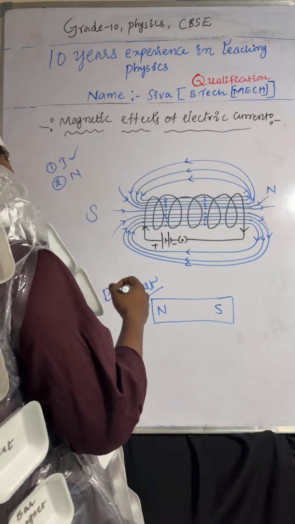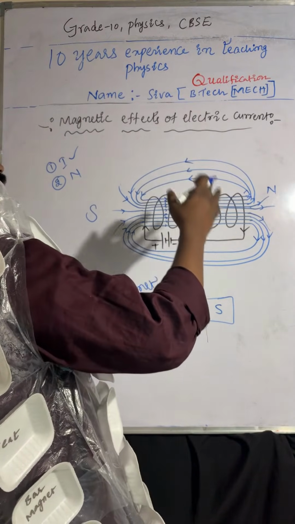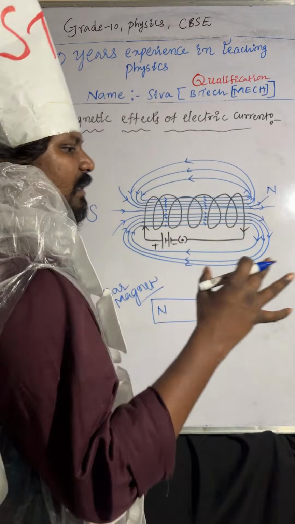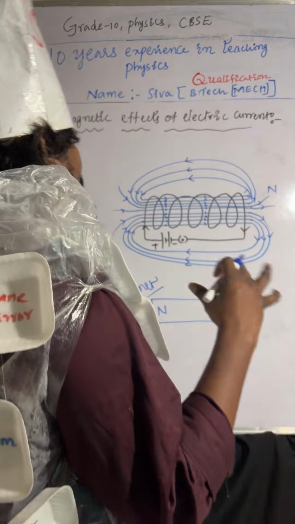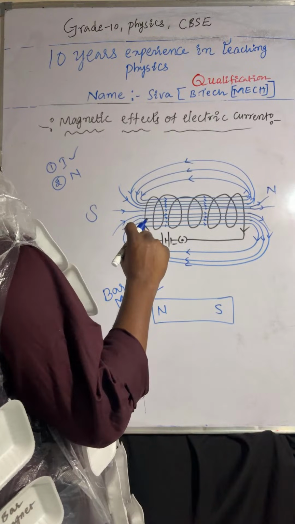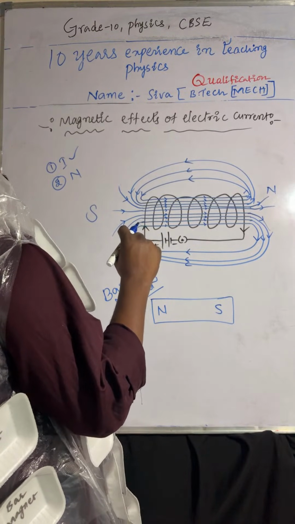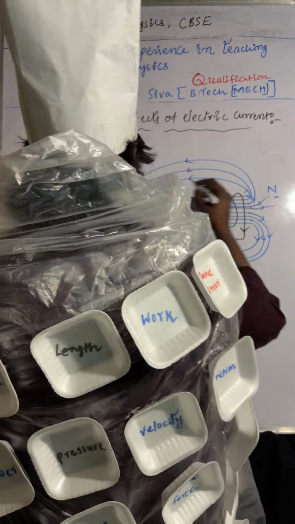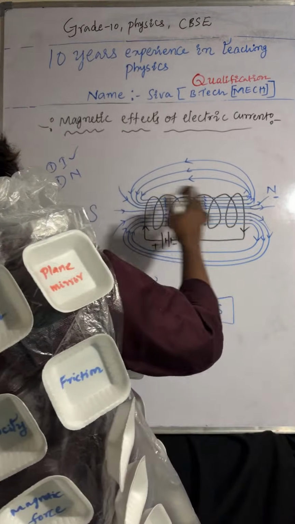And one more point is, if you suspend the bar magnet, it always shows the north and south direction. The solenoid also always shows the north and south direction. And one more point: we can change the poles, north pole and south pole, in the solenoid.